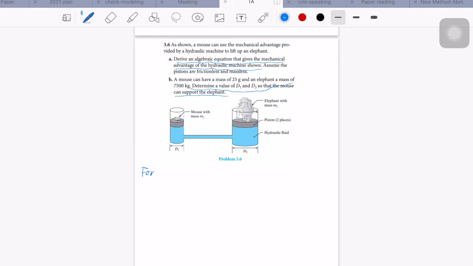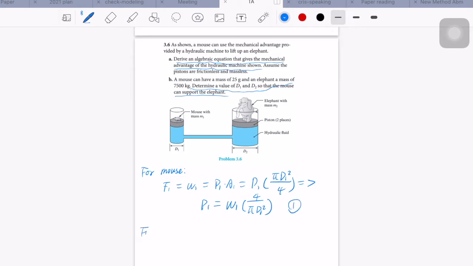For the mouse's piston, the force F1 equals the weight of the mouse, W1, which equals P1 times A1, equals P1 times pi times D1 squared over 4. So P1 equals W1 times 4 over pi times D1 squared. This is equation 1.